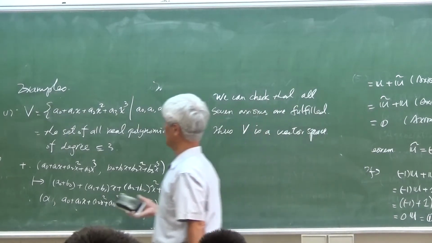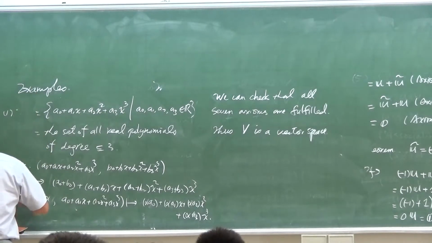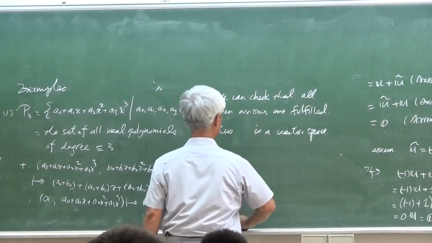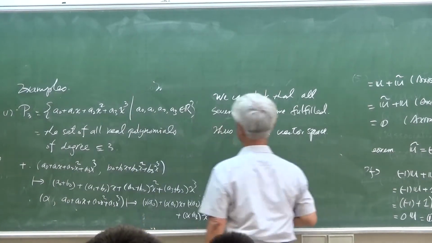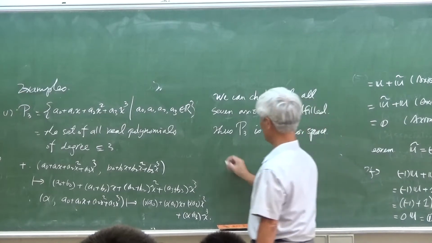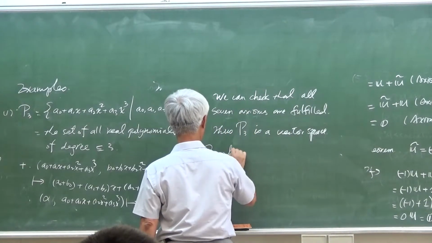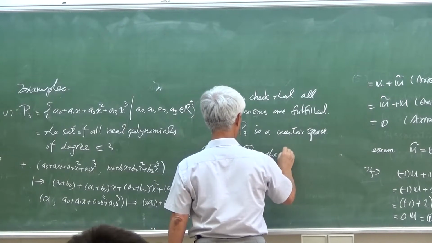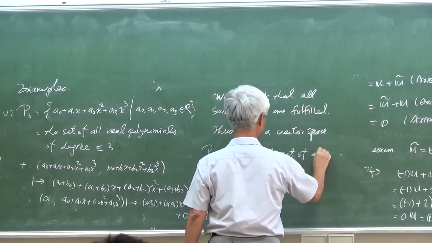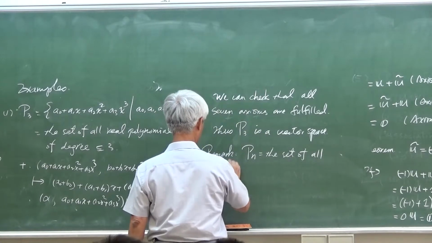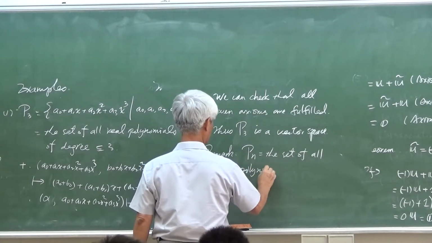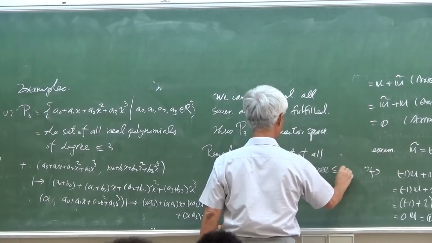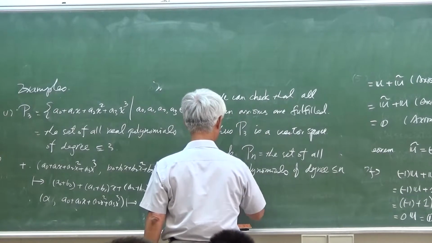Very often we use P3 to denote this space. And a remark: even the set of all real polynomials of degree less than or equal to n is a vector space.